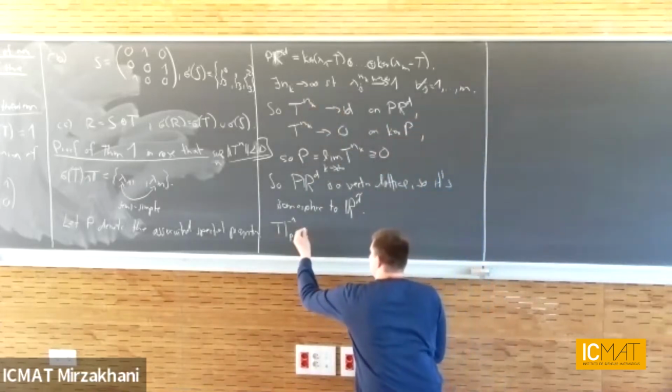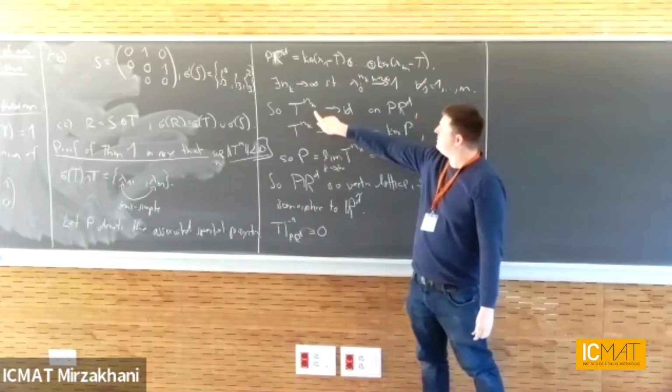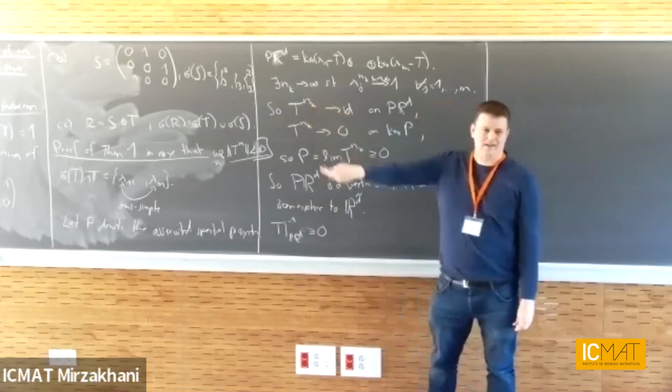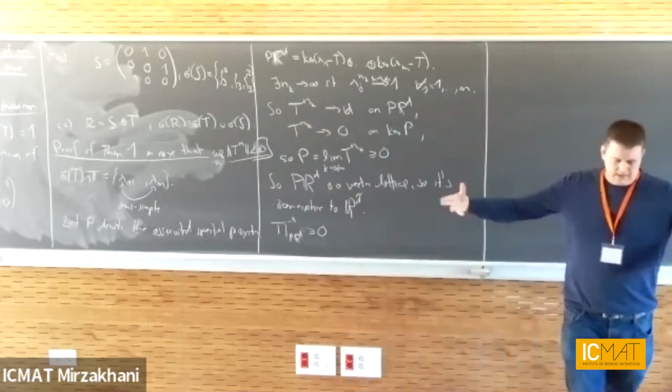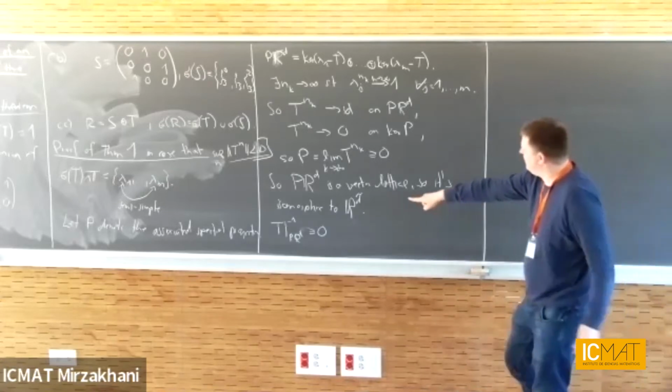That's positive because I can also write it as a limit of T to the n_k minus 1. That's also positive. So this means T is positive, and its inverse is positive. It's a lattice isomorphism on R to the d tilde.